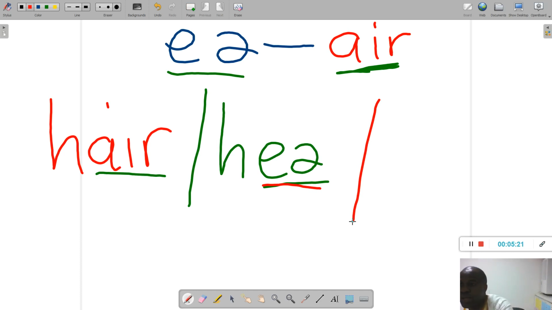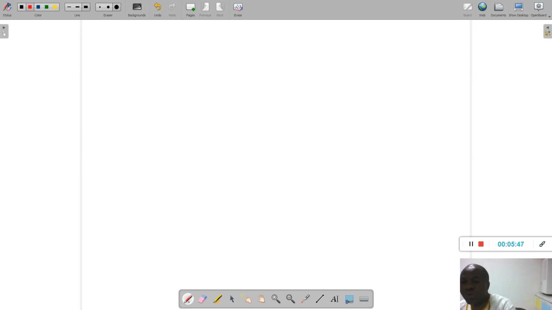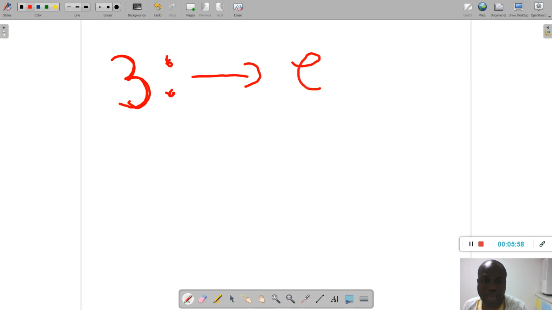And in some dictionaries, it can be written this way, like H and this sound. This symbol, 3 with the colon, can be represented with this air.